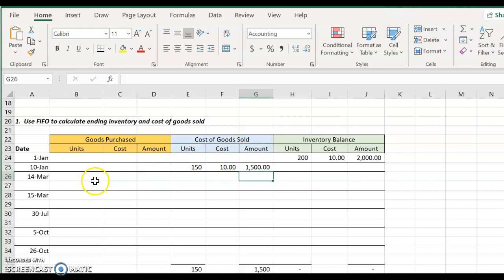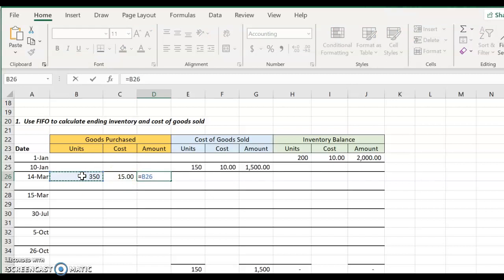On the 14th of March, we purchased 350 units for $15. And our ending inventory is, we forgot to do this over here, 200 minus the 150 is 50 units at 10.